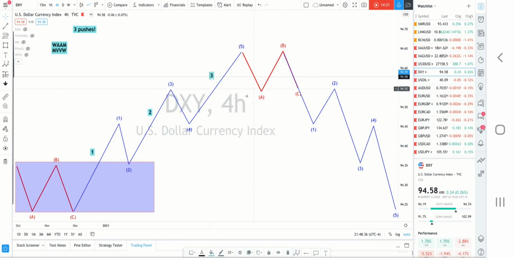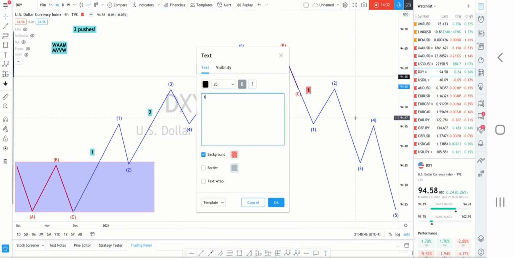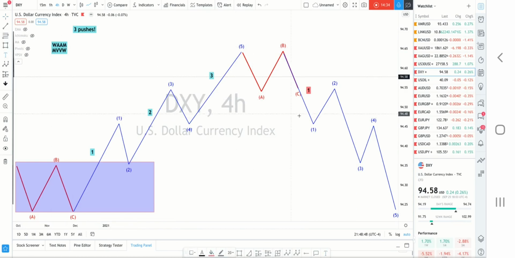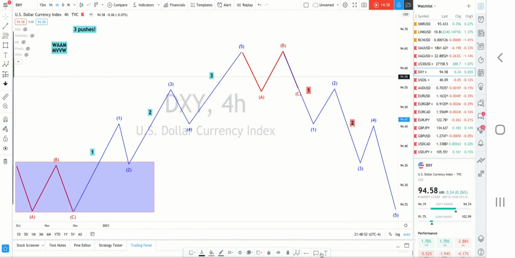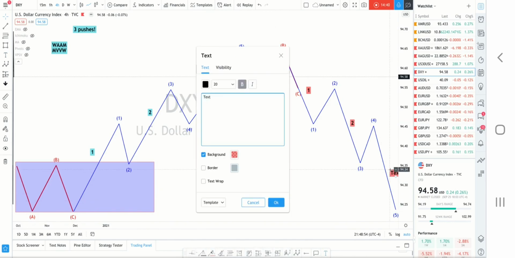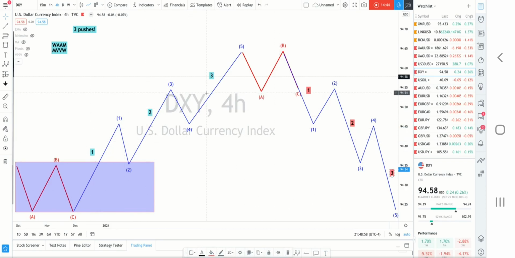Try to break out a little bit higher, but it cannot. And then it'll go ahead and reverse, which will give you three more pushes to the downside. Right here. One more right here, which is number two. And then number three will be right here. Okay, 1, 2, 3, double top, 1, 2, 3.